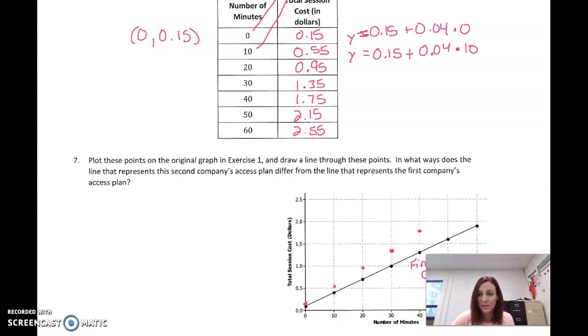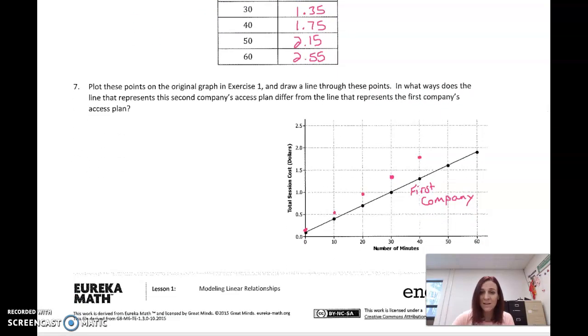And 50 is going to be at $2.15, so about in here. And 60 is going to be at $2.55, so just over the 50 cents. Okay, so now, does this look like it's a linear function? Does it look like it's a straight line? Yeah, okay.